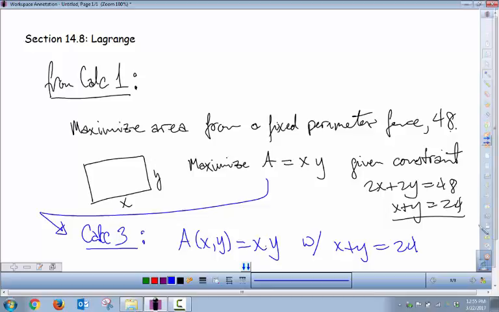And this picture is going to have to be in 3 dimensions. But there's something weird about the other graph, x plus y is equal to 24. That looks like it's just going to be in 2 dimensions, I think. So, yeah, we want to see where they intersect. Actually, we want to see where they intersect at the largest value. So let's see what we could do with a picture.